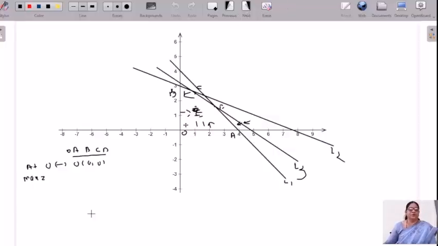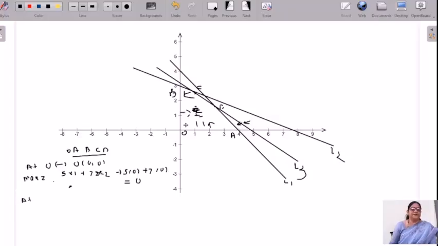At O, maximize Z equal to 5x1 plus 7x2 becomes 5 into 0 plus 7 into 0, which is equal to 0.